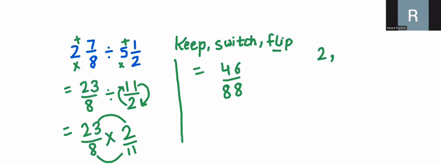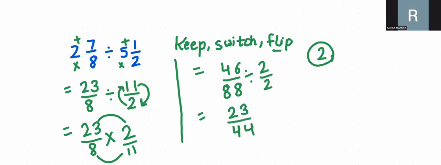Okay, so there is only one table in which 46 and 88 both come. So we will divide the numerator and denominator by this 2. So 46 divided by 2, what do we get? 23. 88 divided by 2, what do we get? 44. So 23 by 44 is the final answer.